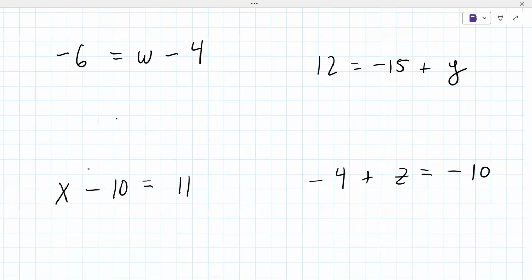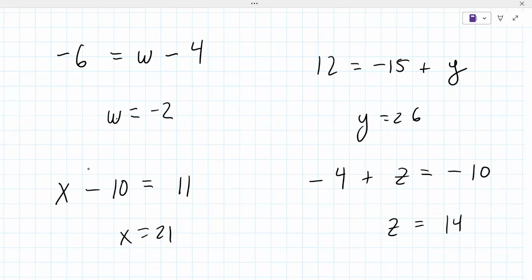So for the top one, W equals -2. Okay, keep going. X equals 21. Okay. Y equals 26. Z equals 14. All right, so this one is correct.